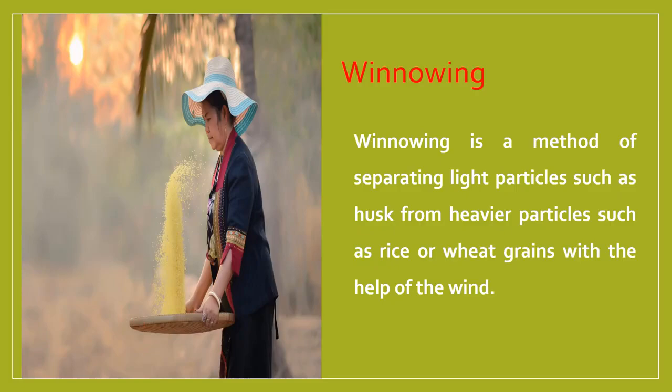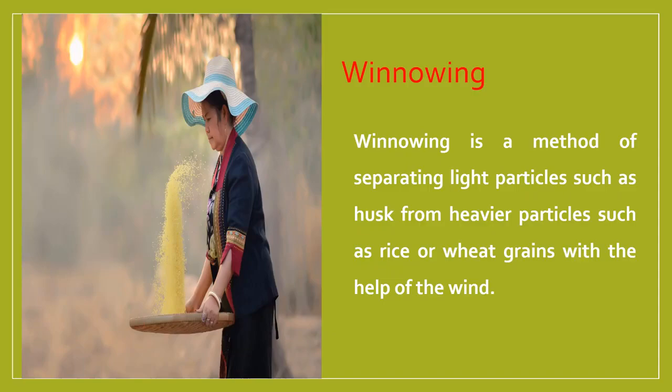Rice, wheat, and other food grains are covered in husk, which cannot be eaten by us. Husk is very light and gets easily blown away by a breeze or wind. This method is winnowing. Winnowing is done by dropping the mixture slowly from a height in the presence of wind.